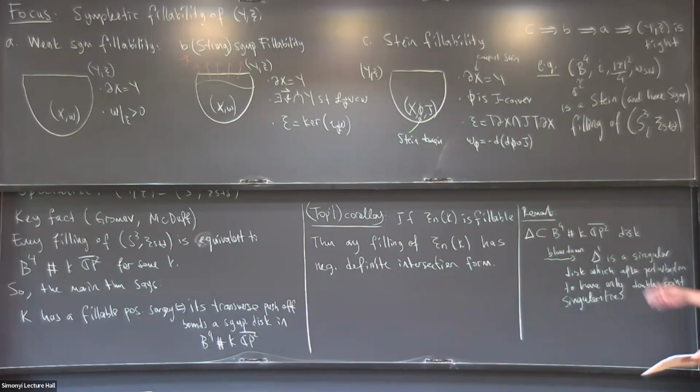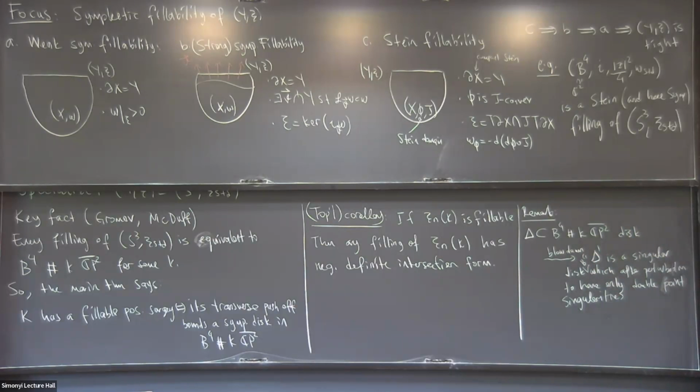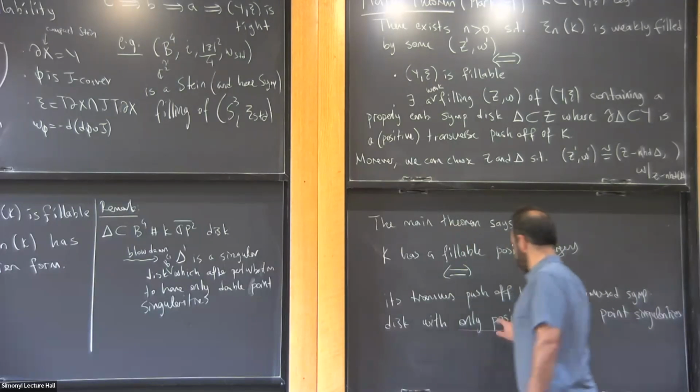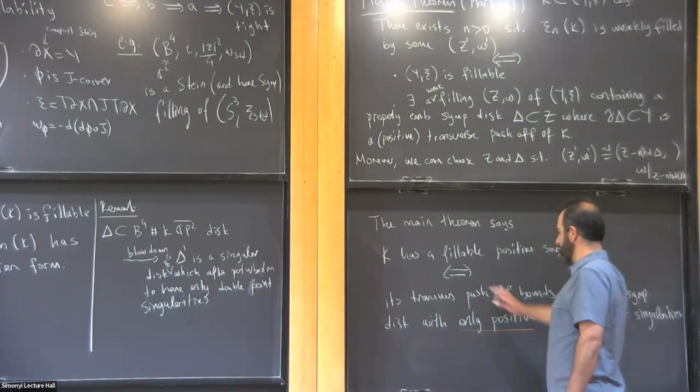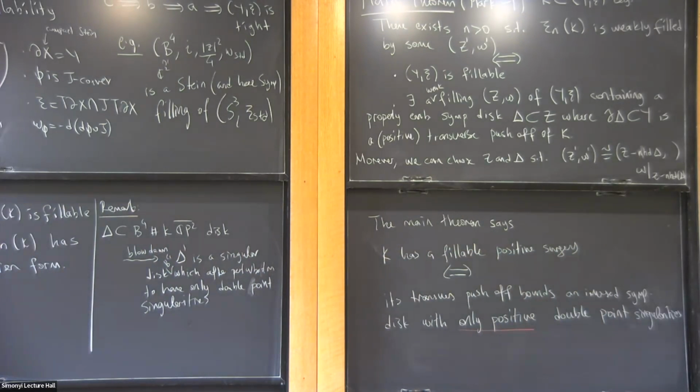And that is the reason that when you come to an immersed disk inside the four-ball, you can really arrange that the singularities have the holomorphic charge. So this is very important. And this essentially follows from earlier work of McDuff and is used in other places too. Okay, with all this, I'm ready to now talk about some examples.